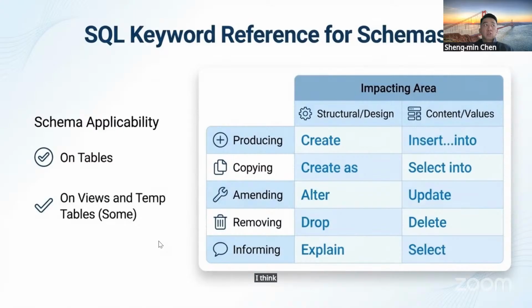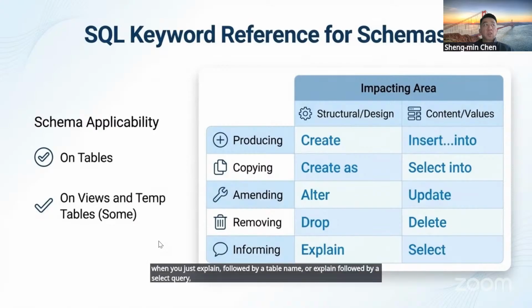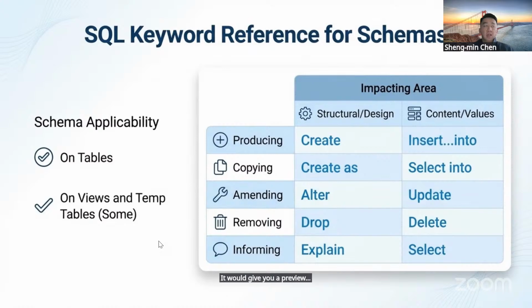I think each database may have its own unique capacity of what explain can do, but most likely when you just explain followed by a table name or explain followed by a select query, it will give you a preview and most of the time include how many rows there are in this table or columns, and if there's an index on the columns, etc. So that gives you a sense of the structural performance of the table or specific columns, using explain versus doing select and actually getting the values back by running it on the table.